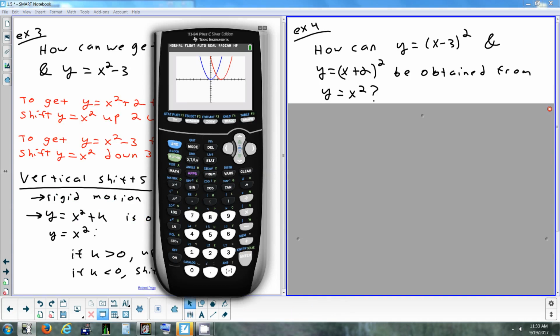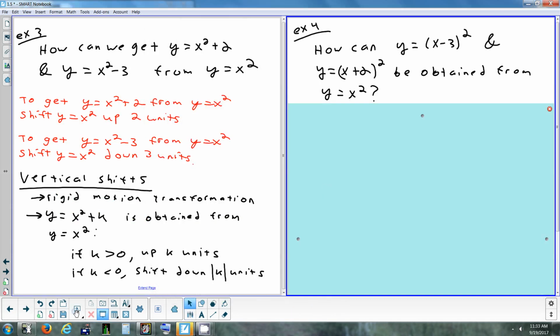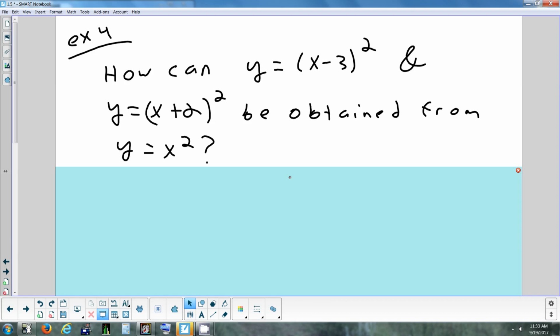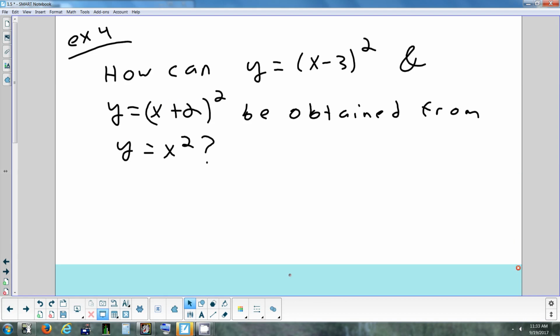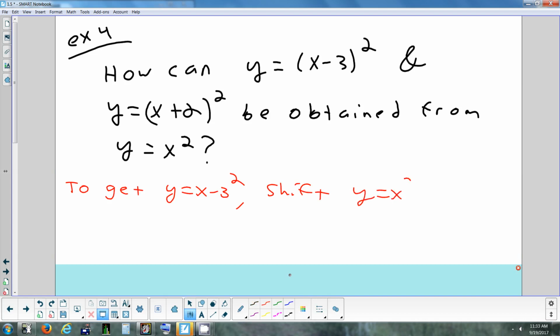Okay, so let's write that down for these two, and then we'll write the rule in general. To get y equals x minus 3 squared, shift y equals x squared right 3. Which may not be what you expect.